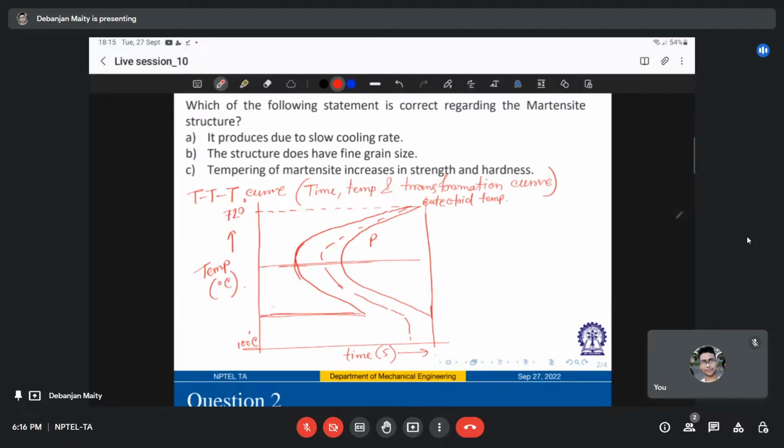this temperature is called Ms, where Ms is the martensite start temperature. And there is some temperature where martensite formation ends also. So let's define that as Mf.